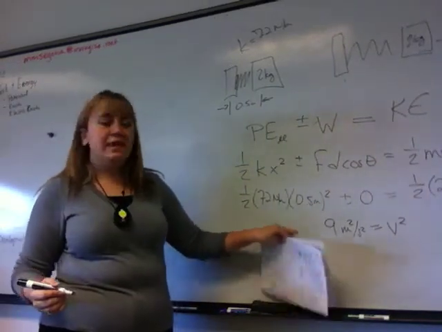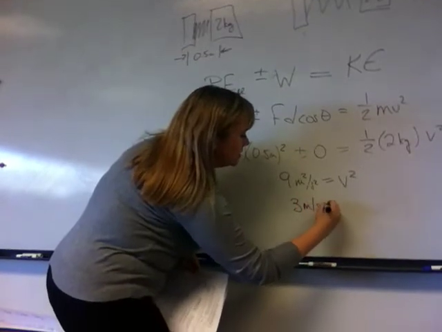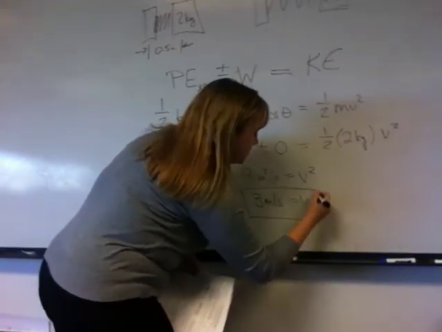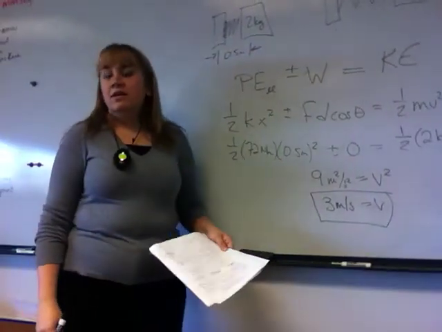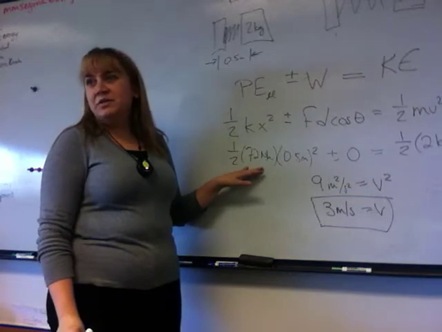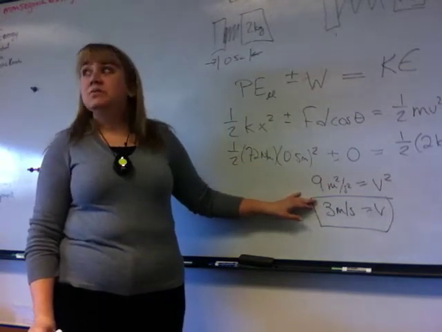When you square root that, your final answer is 3 meters per second is your velocity. Now I know I skipped a lot right here, but once you plug those numbers in, it should work out to 9. Okay? So let's do another problem.